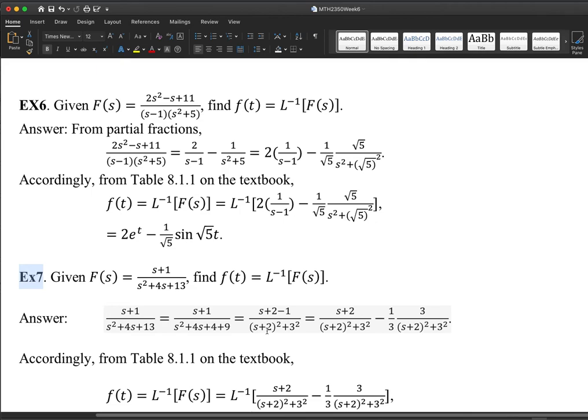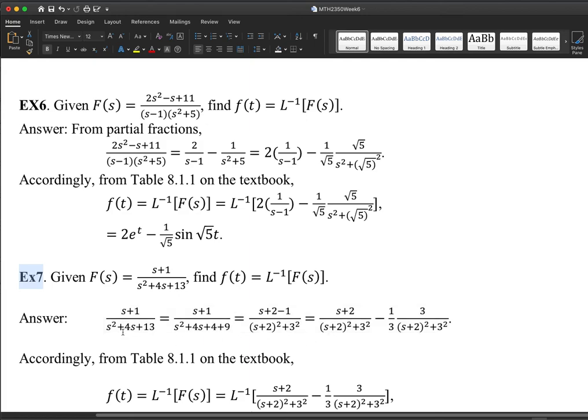So I try to match the numerator with s plus 2 too. But you see, originally I have the numerator s plus 1. When I change this to s plus 2, I have to subtract 1 again to keep the numerator the same as the original one. And then I figured out the fraction is separated into two. It's kind of like partial fractions, but it's really not.